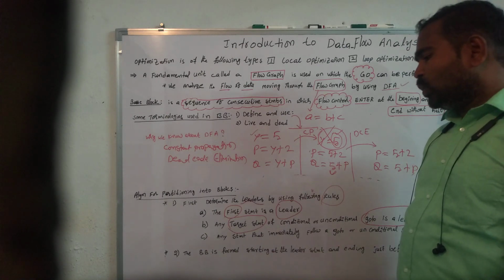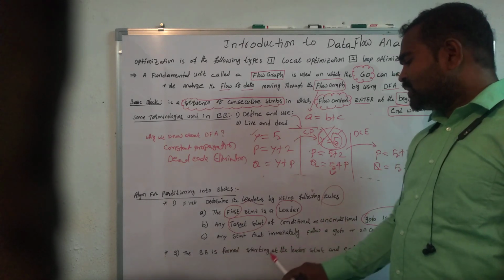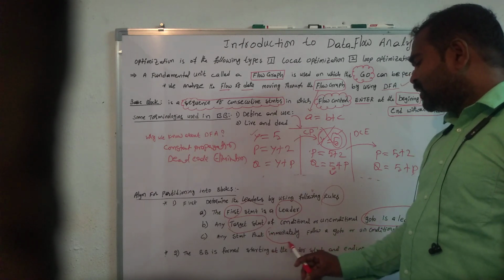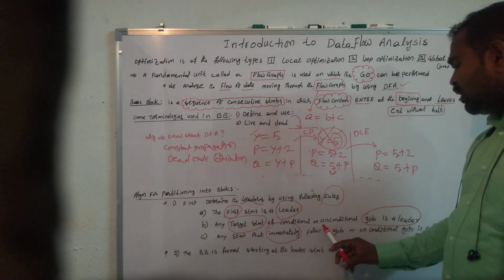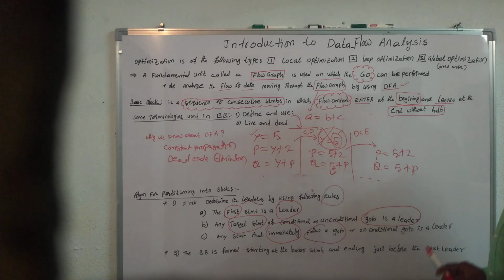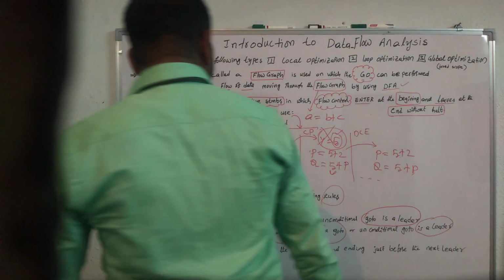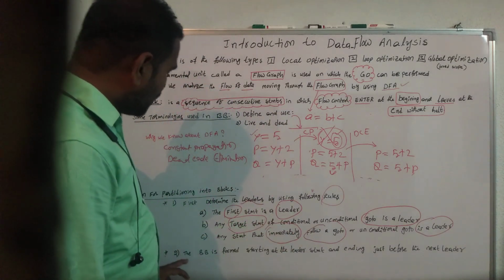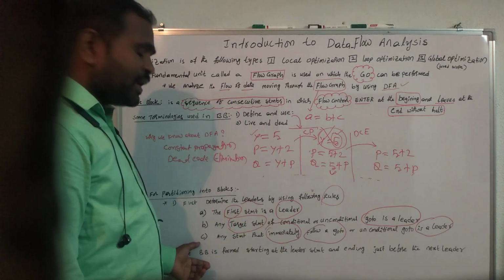This is the second rule. And the third rule is any statement that immediately follows a go-to is called a leader. So after determining these leaders, then go for forming the basic blocks.